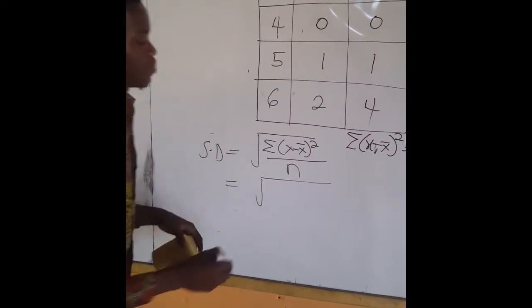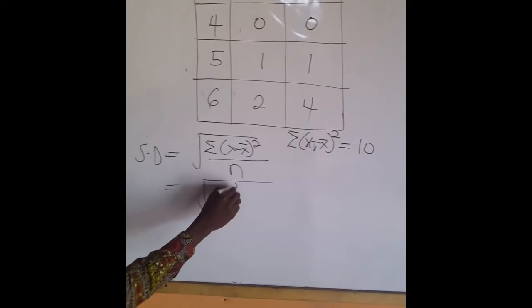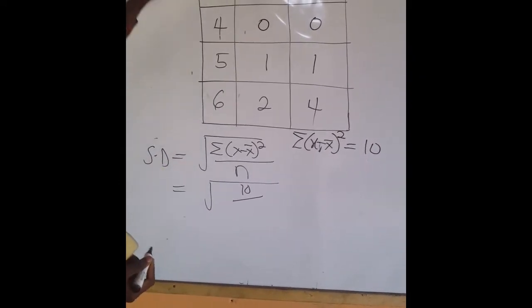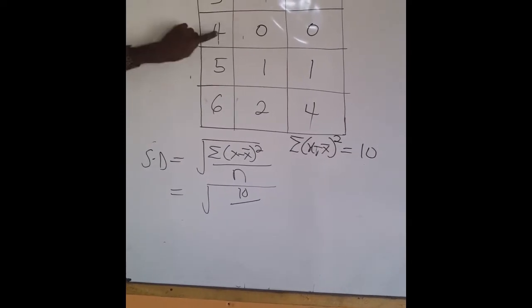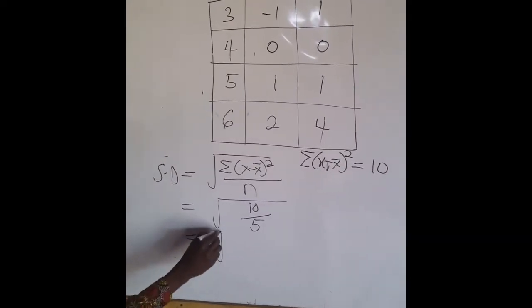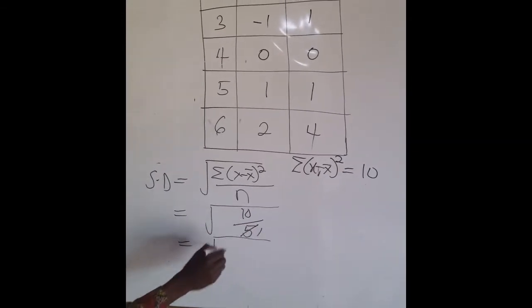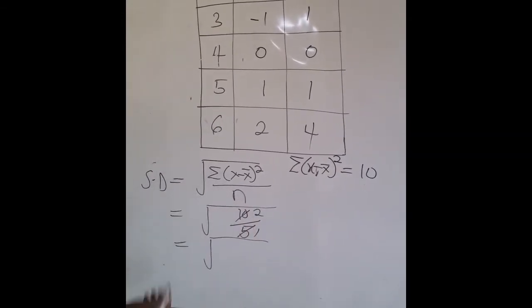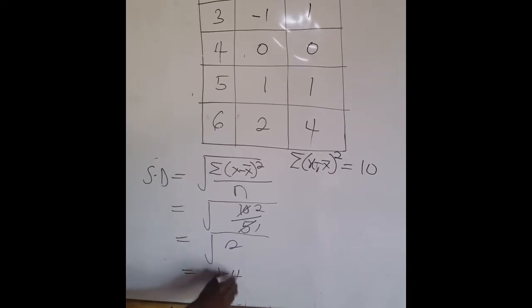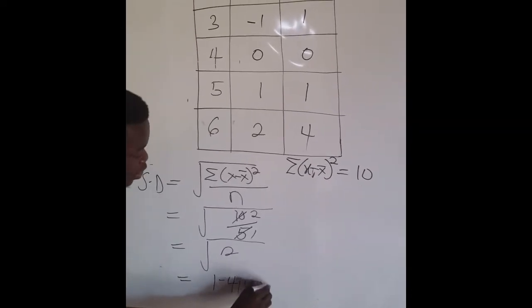So we get 10 divided by n, the number of elements, 1, 2, 3, 4, 5. Here 5 cancels, and 1 goes there 2. We are going to get root 2, which is 1.414 units.